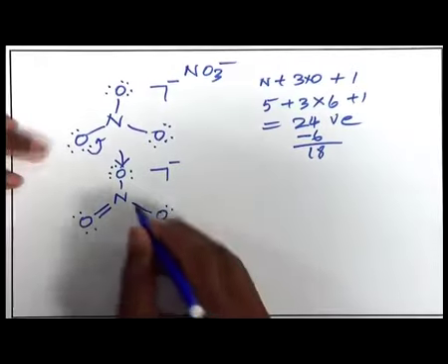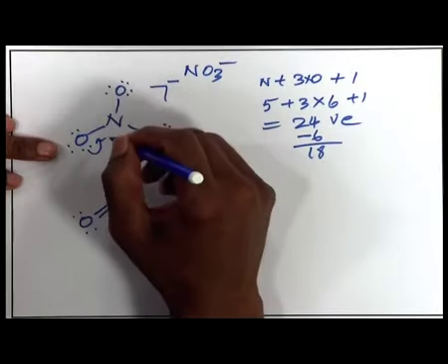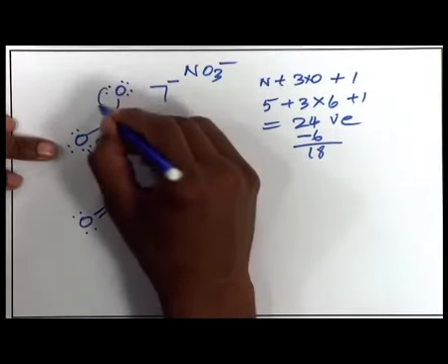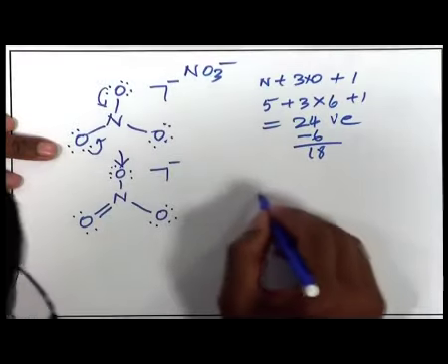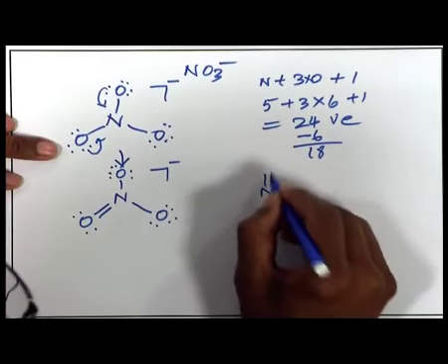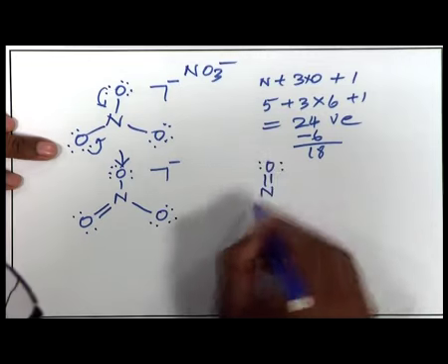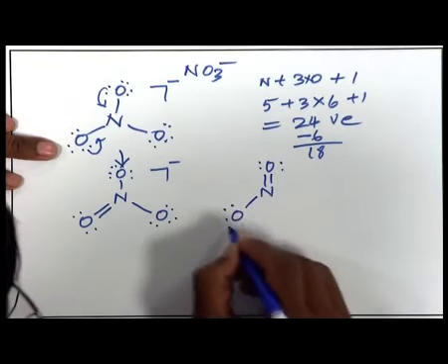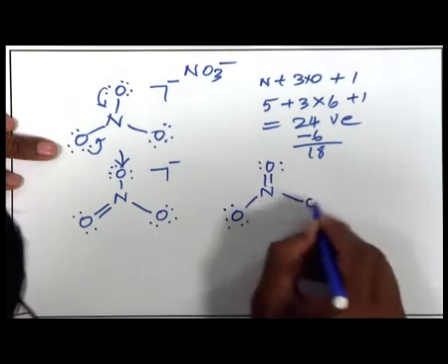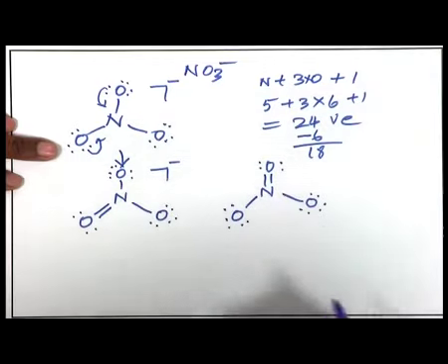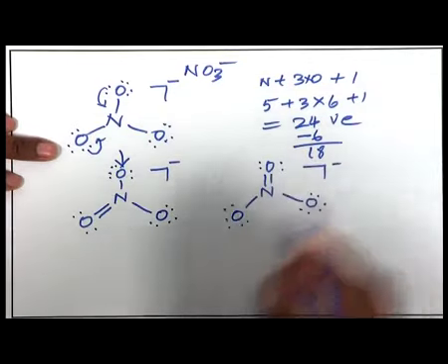In the same way, you can pull this lone pair and write another structure like that, where the overall charge is negative.